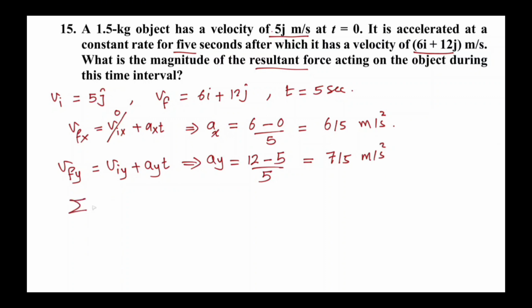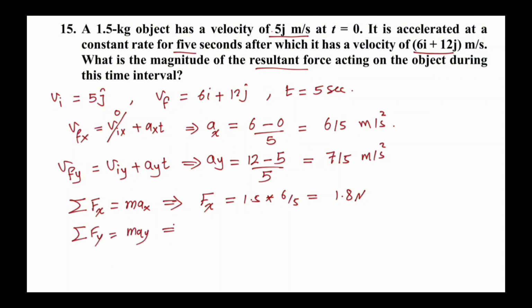Now the sum of all forces on x equal to max, and Fx in this case equal to 1.5 times 6 over 5, or 1.8 newtons, and the sum of all forces on y equal to may, or Fy equal to 1.5 times 7 over 5, or 2.1 newtons.